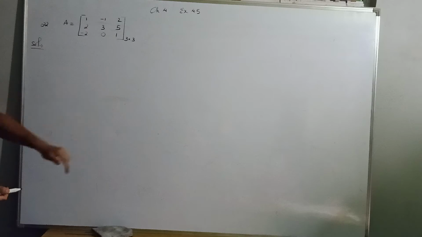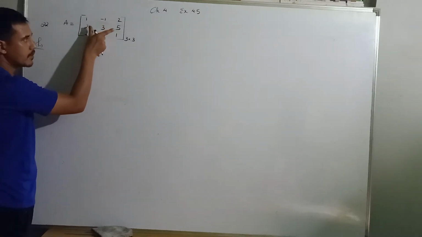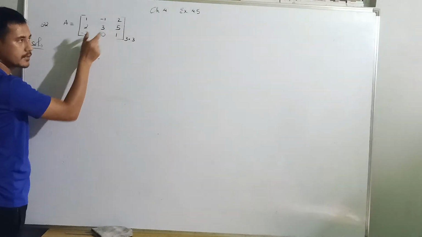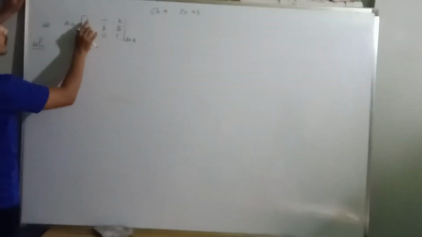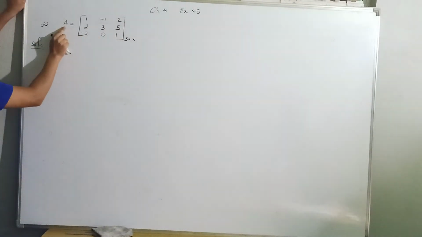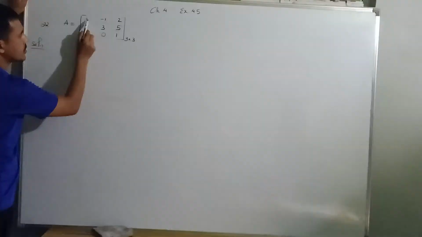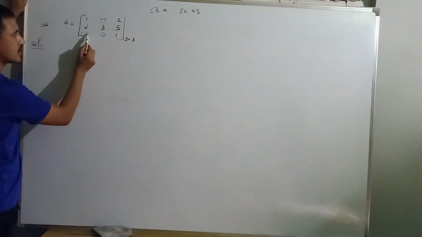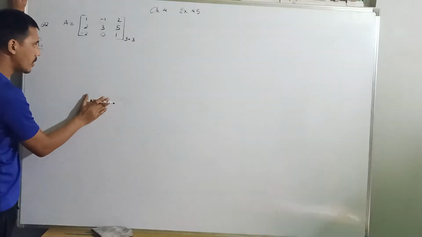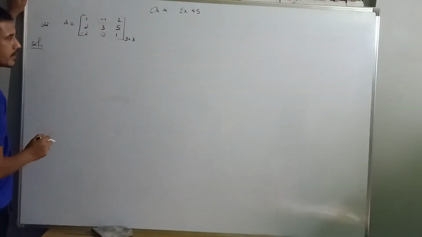So the adjoint of a given matrix is the transpose of the cofactor matrix of this matrix. You find out the cofactor of all the elements of this matrix A, and then you transpose it. That gives you the adjoint of the matrix.